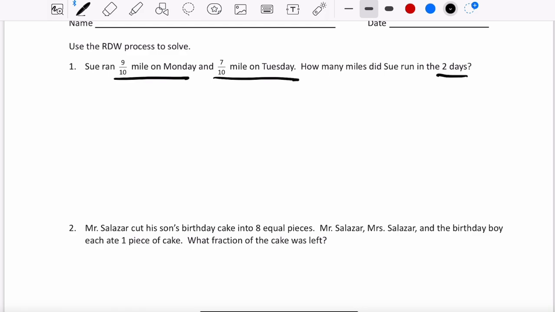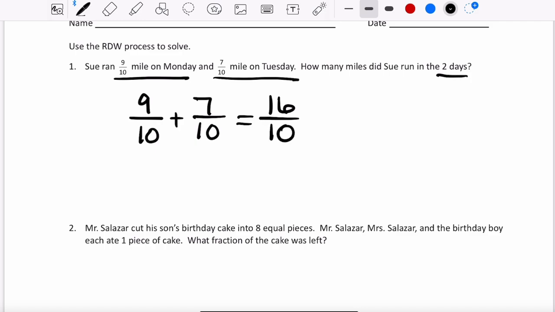So we're going to write down that we have 9/10 plus 7/10, and we say 9 plus 7 equals 16/10. But it's improper. So now, because it's improper, we're going to have to break it apart and figure out how many wholes and what would be left as the fraction.